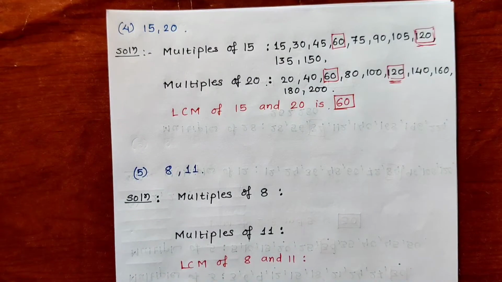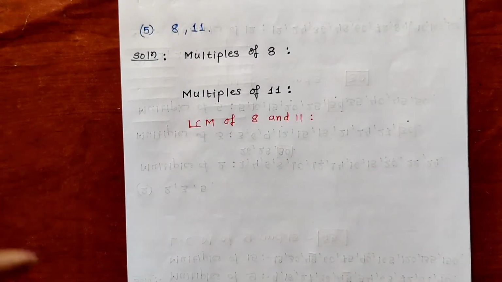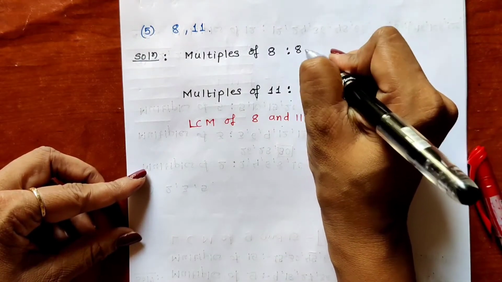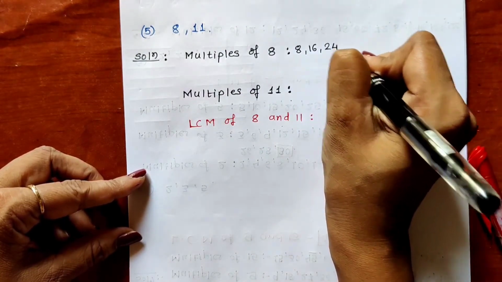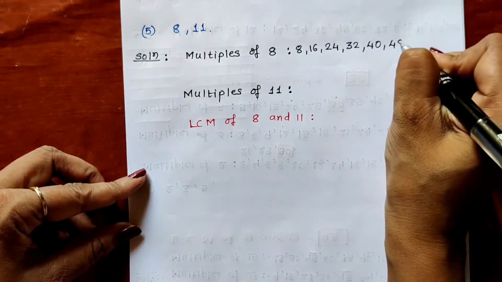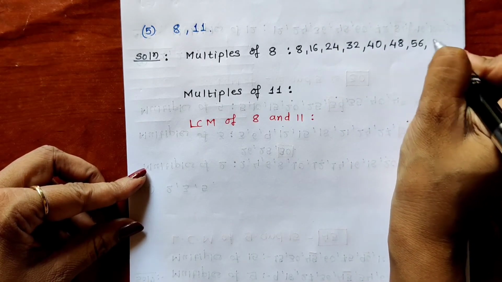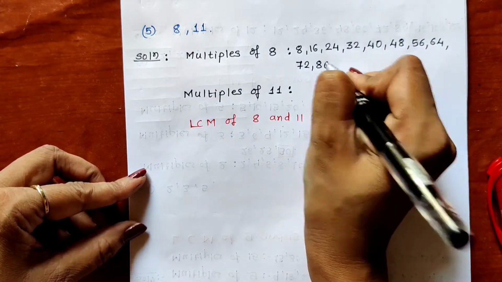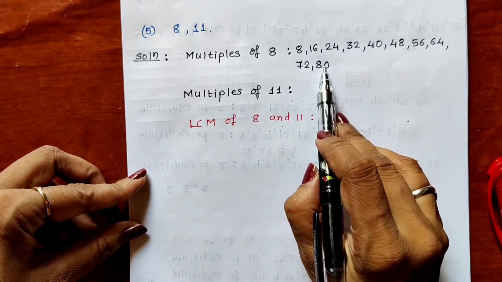Now next one, 8 and 11. The two numbers are 8 and 11. Multiples of 8. Write the table. So I have written the table till 8 tens are 80.